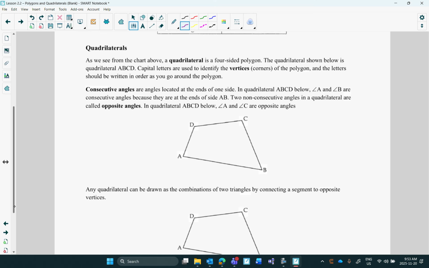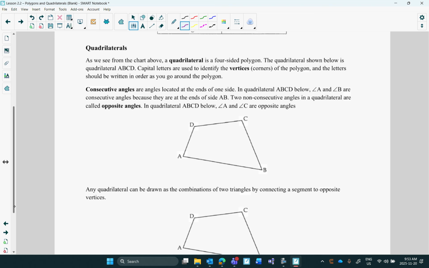Some things that you should know, okay? How do we name quadrilaterals? Well, we use capital letters to name the corners. And another word for the corners, or where two sides meet, is called a vertex. And many of them are called vertices. And usually when we name a quadrilateral, we do so in a clockwise or counterclockwise order.